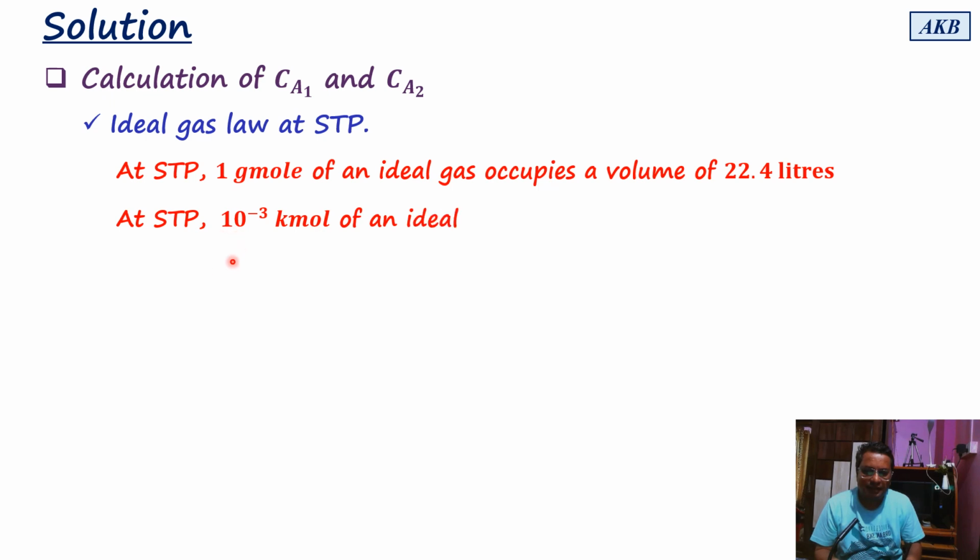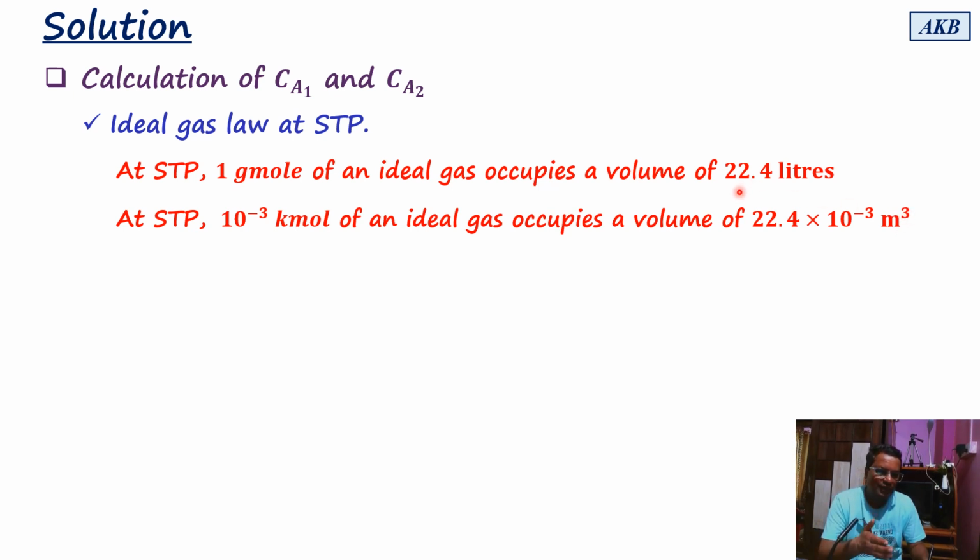Or we can state it like this: 10 to the power minus 3 kilomole of an ideal gas occupies a volume of 22.4 into 10 to the power minus 3 meter cube. That means instead of writing the volume in liters, I have written it in meter cube by multiplying with 10 to the power minus 3.